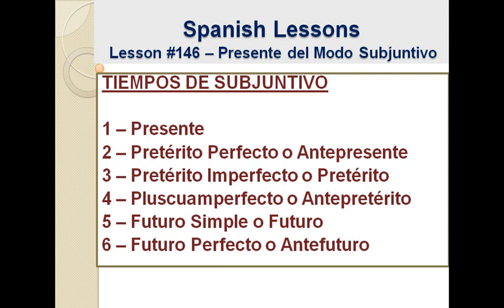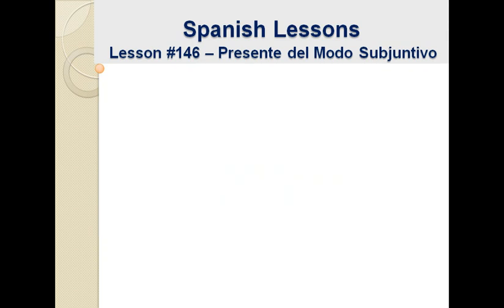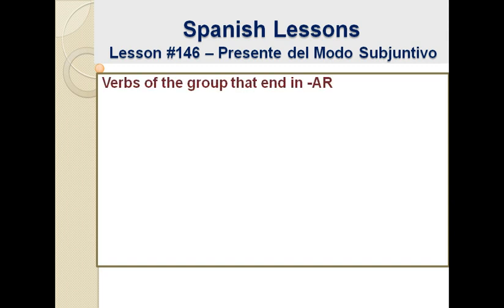So now let's start seeing the first conjugation of the modo subjuntivo, right? We will learn the presente del modo subjuntivo or present tense of the subjunctive mode. So let me repeat again, when do we use the modo subjuntivo? The modo subjuntivo is used to express non-real situations.